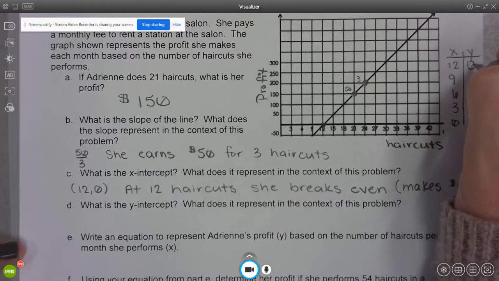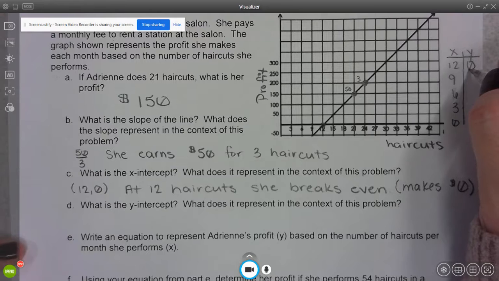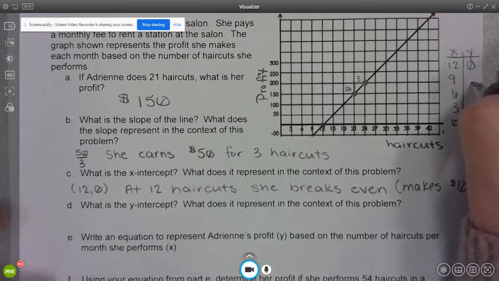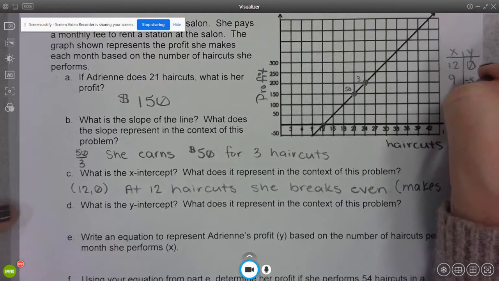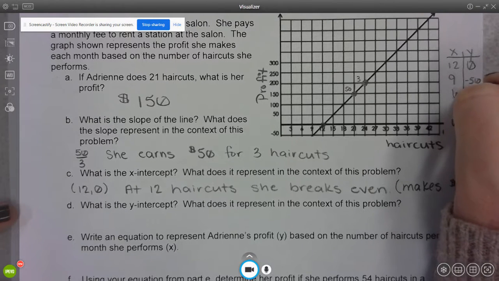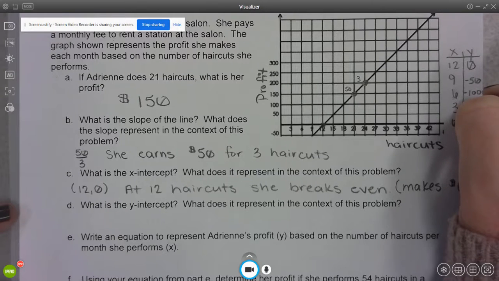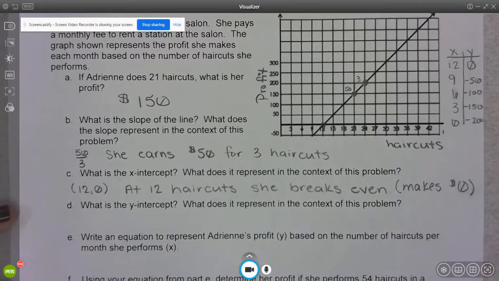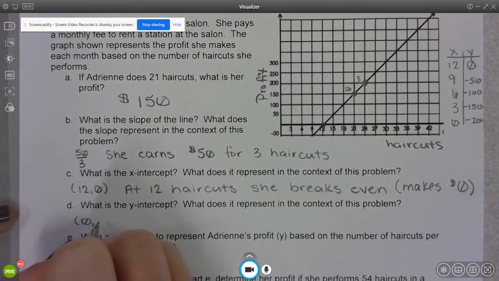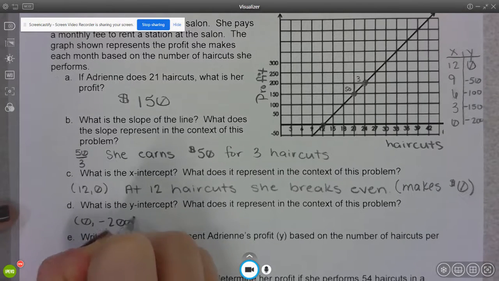So at 12, I have 0. Now remember, for every 3 haircuts she's making $50, I'm going backwards, so I need to subtract 50 every time I jump down 3 haircuts. So this would be negative 50, negative 100, negative 150, negative 200. So her y-intercept is 0, negative 200.